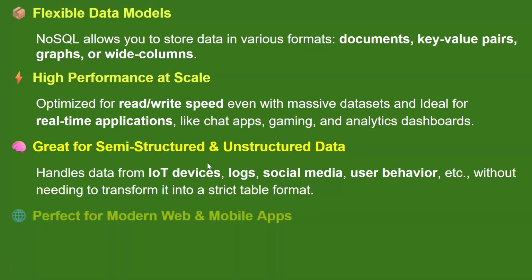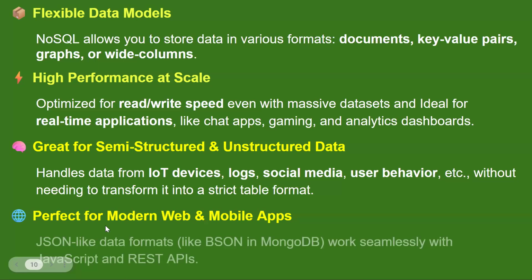Next, perfect for modern web and mobile applications. Because these days, when you are developing a lot of applications, we want a uniform way to exchange the data between different applications. For example, if you are working with Java, in Java you have to create the object in a Java understandable way.